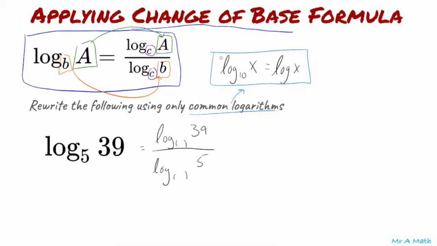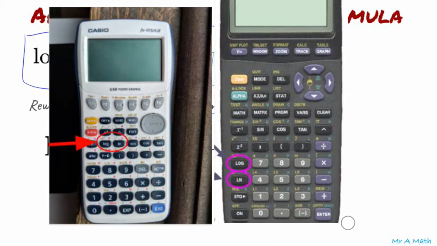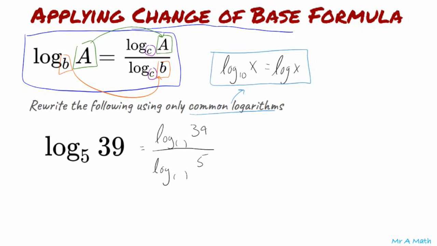One of the reasons why a common logarithm is so nice is because we can just click the log button on your calculator located right here on the screen. Depending on what type of calculator you have, it may be in a different place, but this is typical for TI or Casios. And those log buttons are referring to the common logarithm of having base 10. It's really nice and easy to calculate.